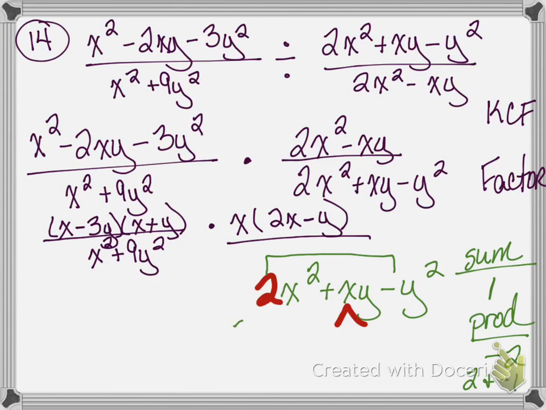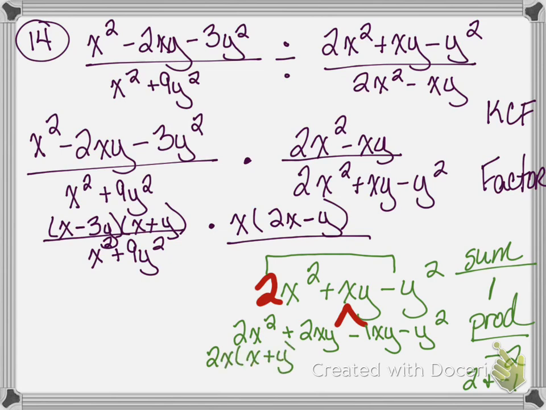So then I have 2x squared plus 2xy minus 1xy minus y squared. So I think we have forgotten a little bit how to do that factoring when that a isn't 1. So then I can take a 2x out of my first 2.